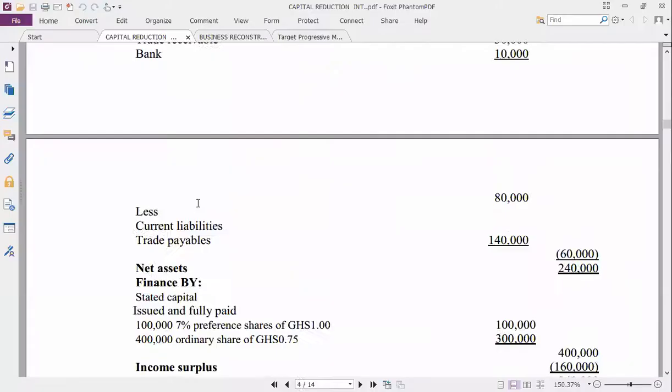For teaching the process, we will still use the format, so that the more you write, the more you remember. Let's start with non-current assets. Then we pick all the assets at fair value.